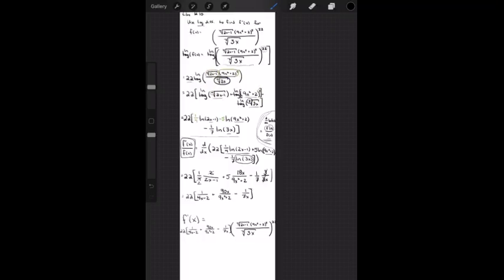Man, logarithmic differentiation problems are a lot better when you can just copy and paste.